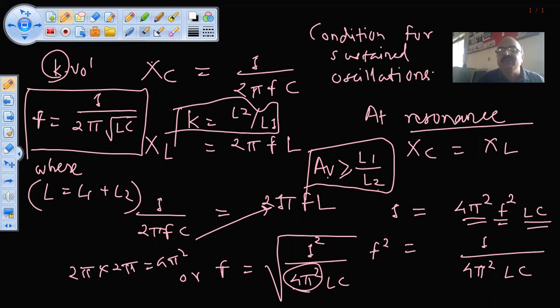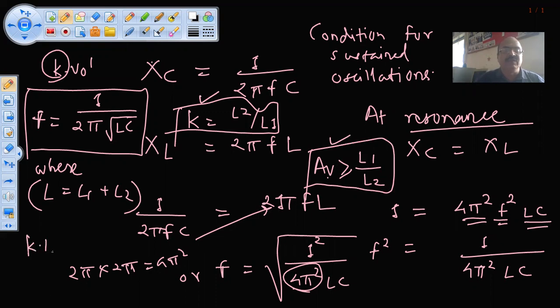L1/L2 यांचा रेशिओ जेवढा येईल त्याच्यापेक्षा जास्त हा AV असला पाहिजे. ह्या दोन कंडिशन्स जर प्रॉपरली सॅटिस्फाय झाल्या तर तुम्हाला ऑसिलेशन्स हार्टली ऑसिलेटर मध्ये मिळतील. अन्यथा ऑसिलेशन्स मिळणार नाहीत. ह्या दोन कंडिशन्स म्हणजेच बार्कहाउसन क्रायटेरिया शुड बी सॅटिस्फाईड. करेक्ट. बार्कहाउसन क्रायटेरिया जोपर्यंत सॅटिस्फाय होत नाही तोपर्यंत ऑसिलेशन्स मिळत नाहीत.